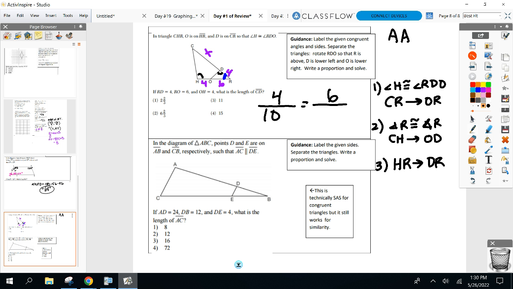What does OR correspond with in the big one? How do you write that? Here we go. Cross them up. The corresponding sides will always be across from the congruent angles in similar triangles. Always. Don't make it difficult on you.